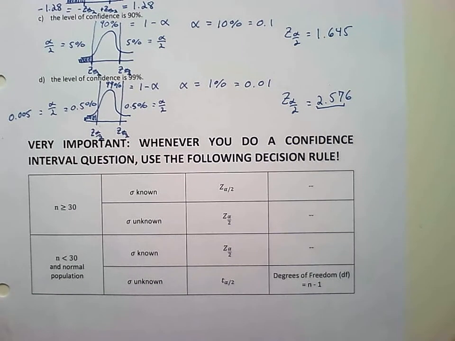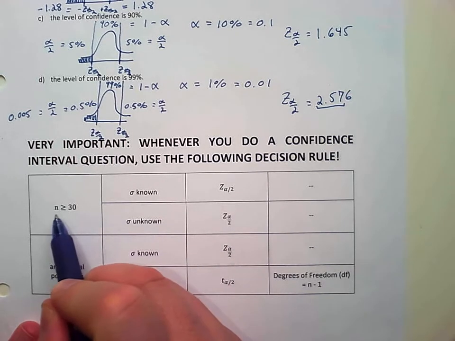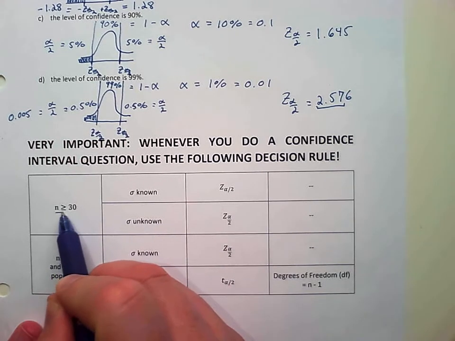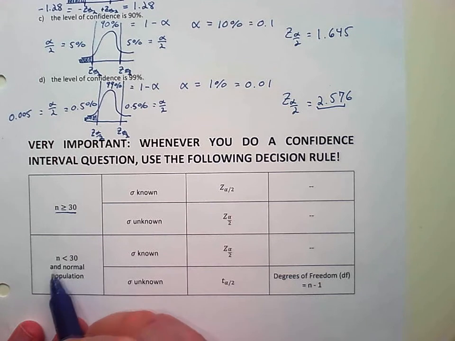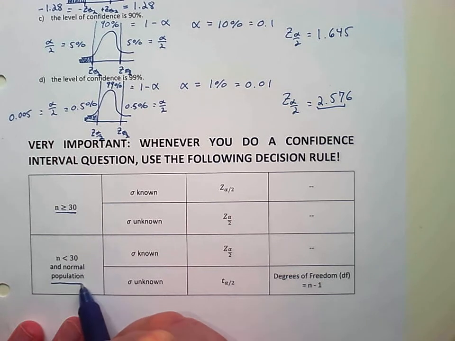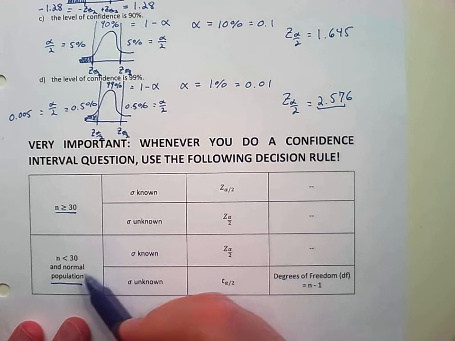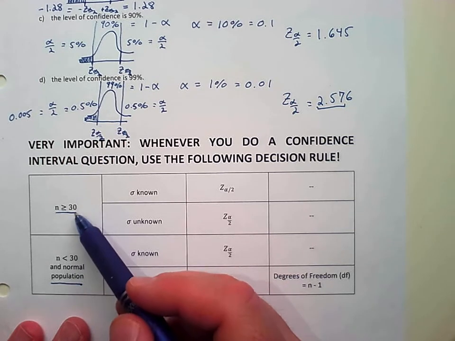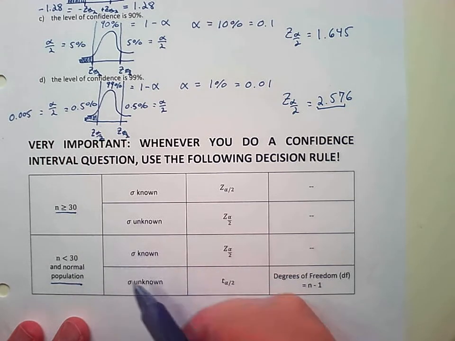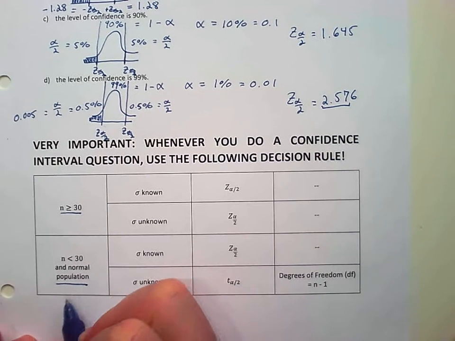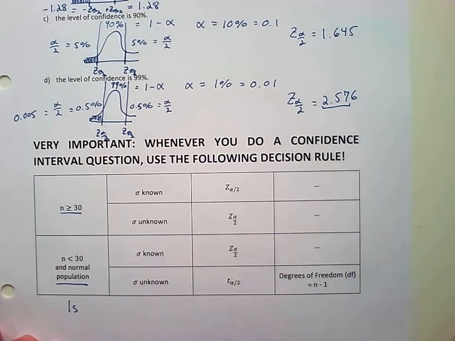And in this decision rule, let's take a look at it first. First off, we have to decide whether we're going to be up here in this top half or down here in this bottom half. So the first question that we want to ask ourselves is whether or not n is greater than or equal to 30. So I'm going to write that down here as the first question that we're going to ask ourselves whenever we do our problems in chapter 7.